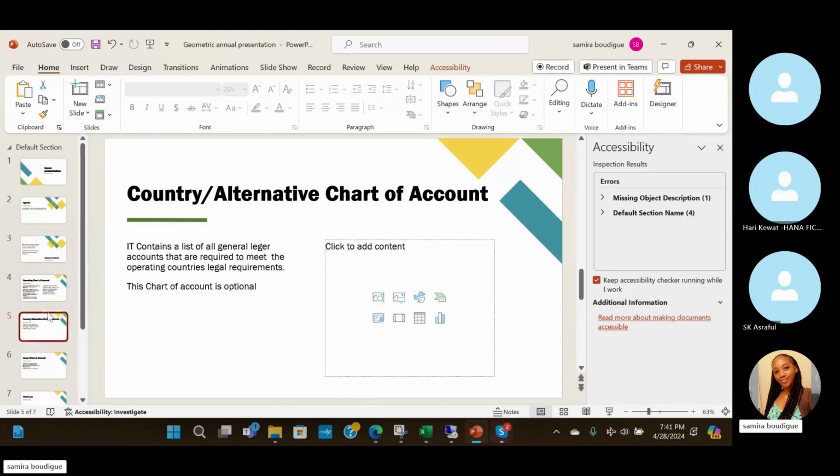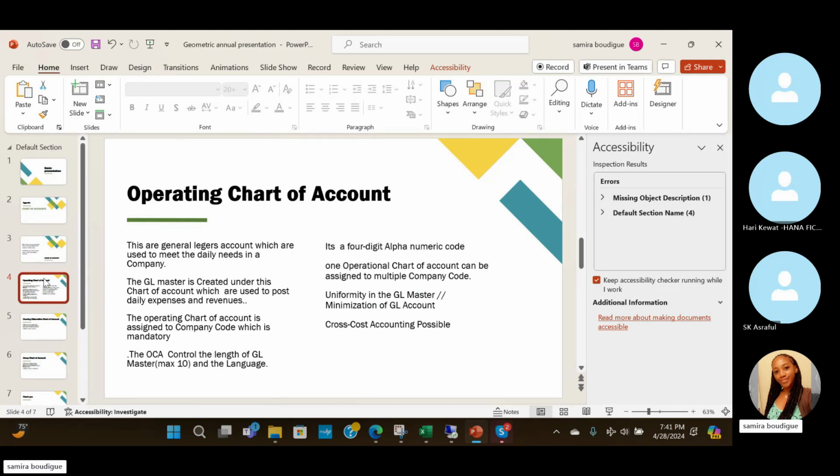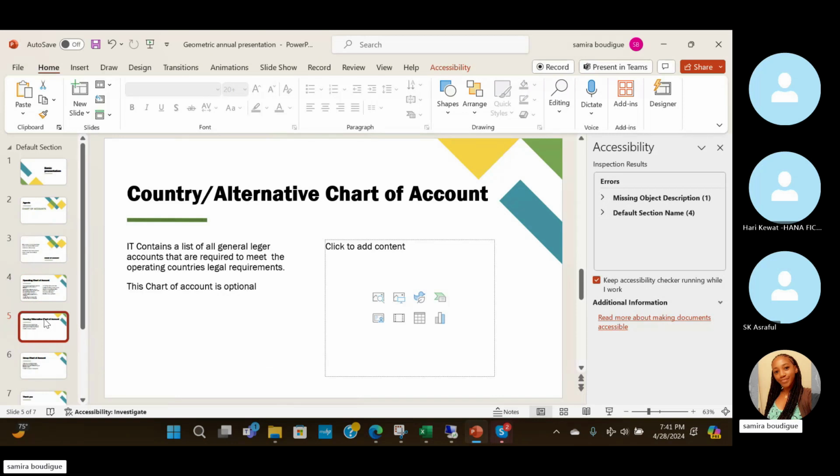Sorry, for the operating chart of accounts too, it's mandatory for it to be assigned to the company code in all companies. Now the country alternative chart of accounts. I had to put a diagram here, but I didn't find the exact diagram I was looking for to connect the different charts of accounts.